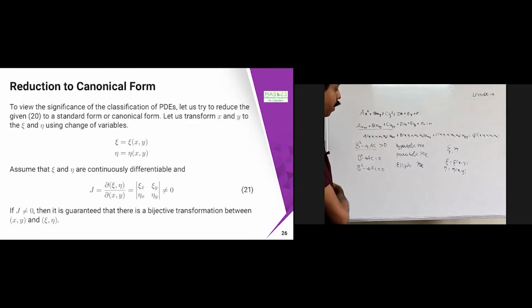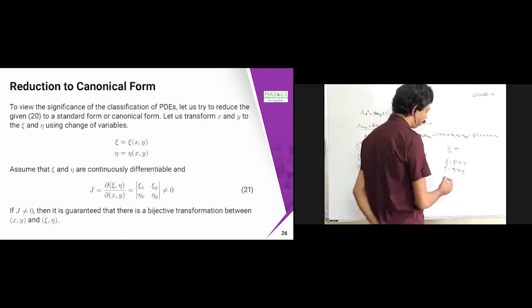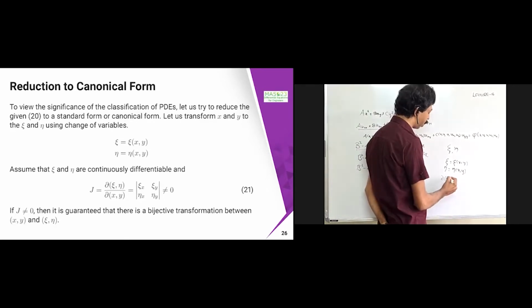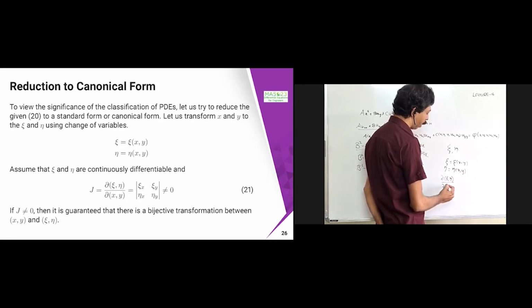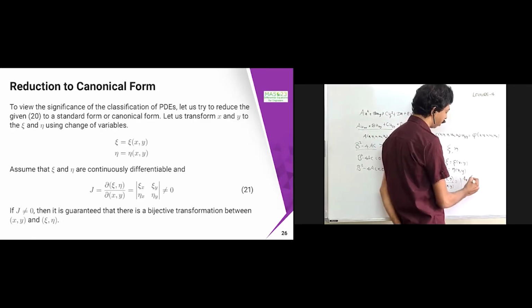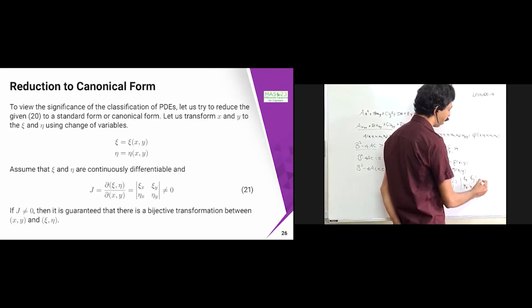If you obtain the change of variable, this is going to be bijective, which means you can get the inverse of the transformation. The Jacobian, which is nothing but the determinant of the matrix with rows chi x, chi y and eta x, eta y, that is the partial of chi comma eta with respect to x comma y, should not be equal to 0.